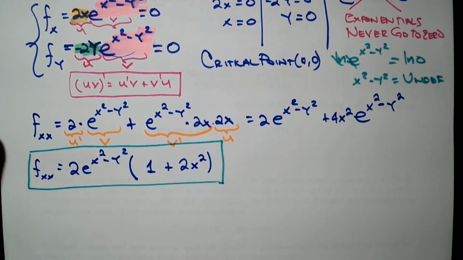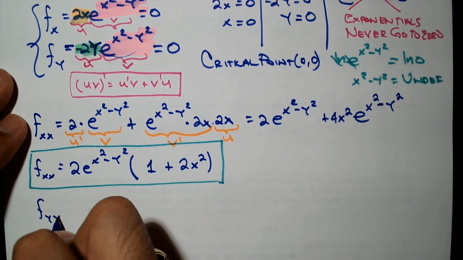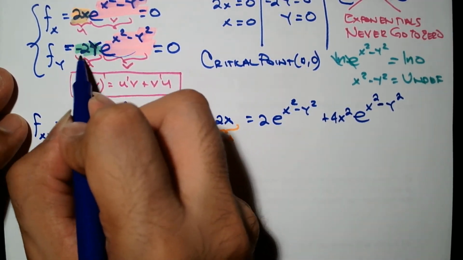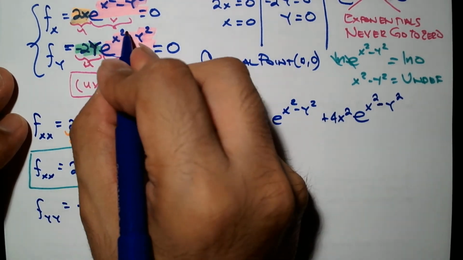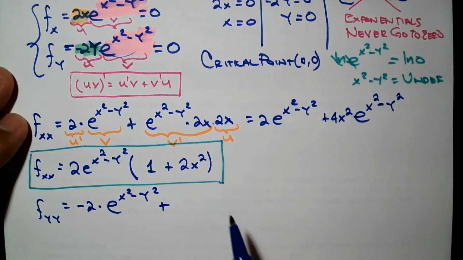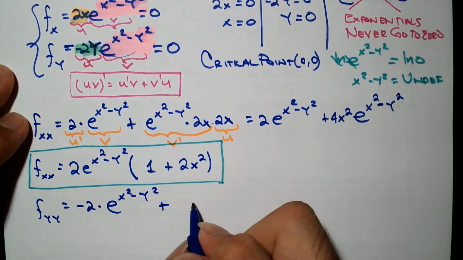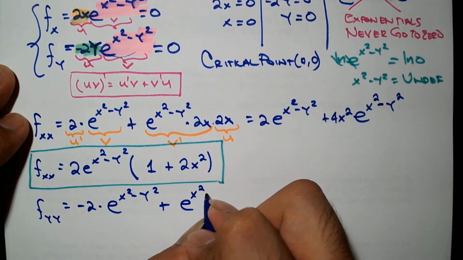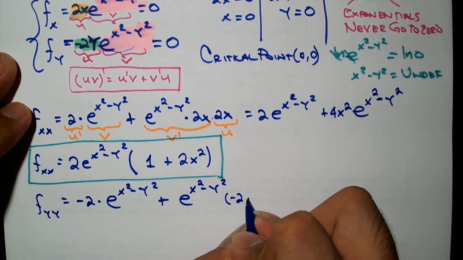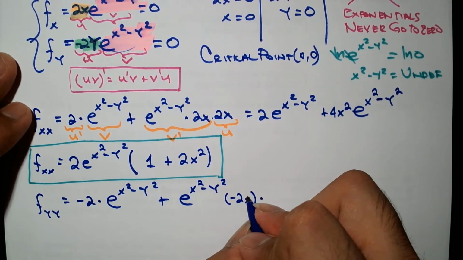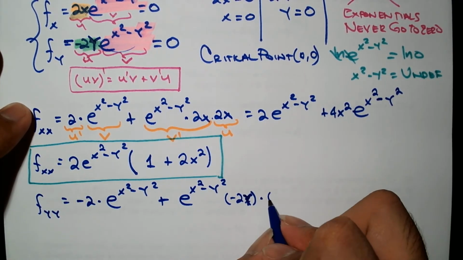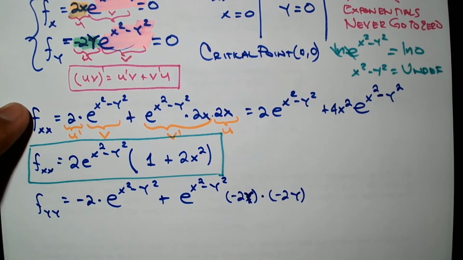Okay, now f_yy equals to, okay, it's going to be the derivative of the first, which is then the derivative of negative 2y, which is negative 2 times itself, the second factor, e^(x²−y²), plus the derivative of the second factor, which is itself first of all, times, well, we do a mini chain rule on this, which is going to be negative 2y, and then times the negative 2y from the other factor.